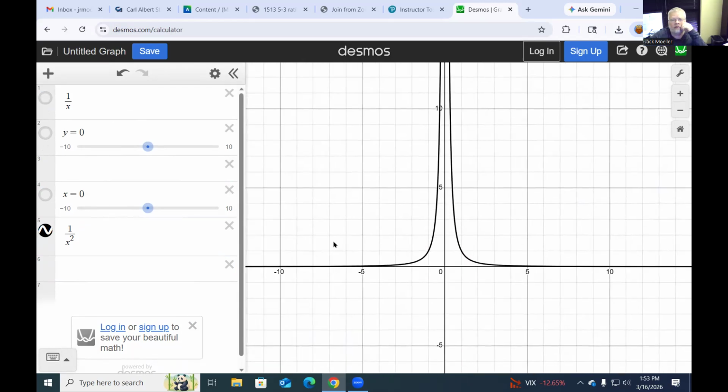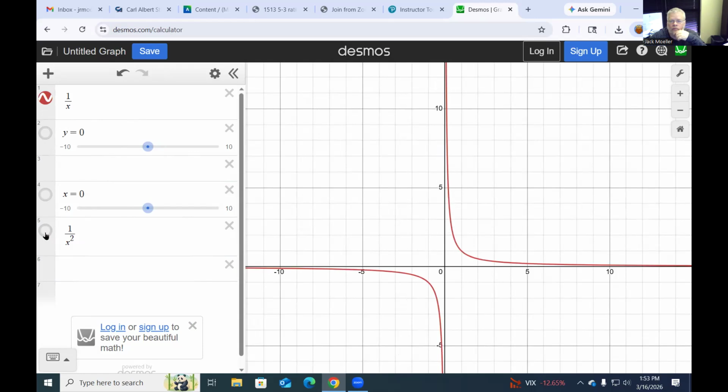Really it's the 1 over x, but when you square a negative value, what we had in the third quadrant flips up and makes it positive values. And it's a little bit steeper than 1 over x because if you square a number, it's going to be bigger than not squaring. So 1 over x is like this.